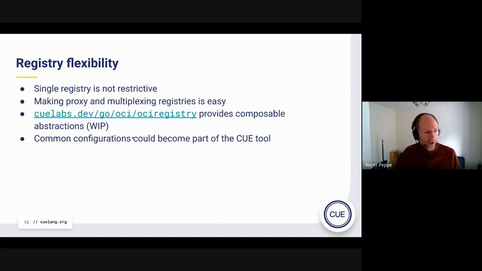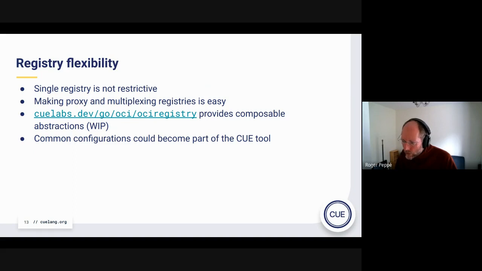And the other thing is, it's got very low dependencies, so we could easily make that part of the queue tool. If you needed a way to talk to multiple registries, we'll multiplex, we'll unify them all together, well, that could actually be just part of the queue tool.